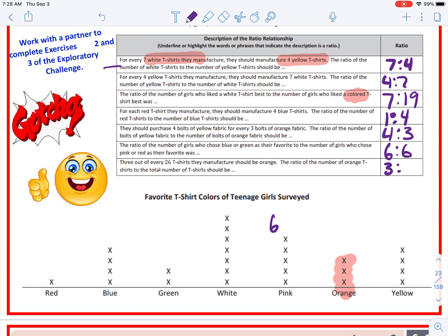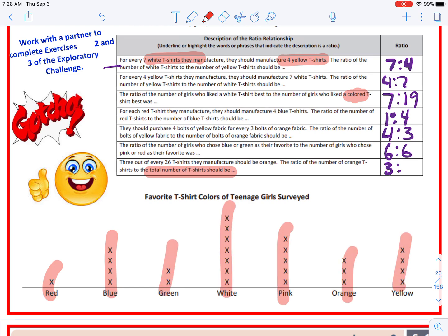Now, the ratio, we're comparing 3 to the total number of t-shirts. So now we have to count up all of these together. Do that real quick. You should have counted up 26.